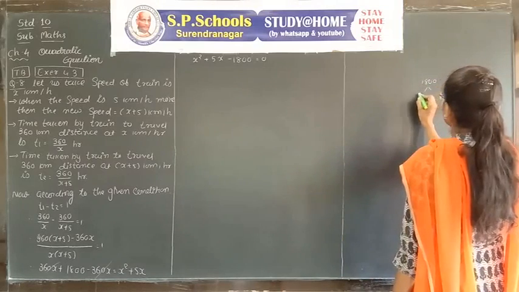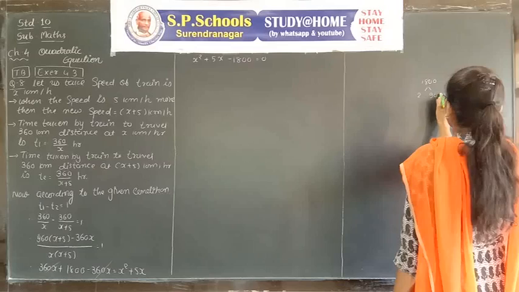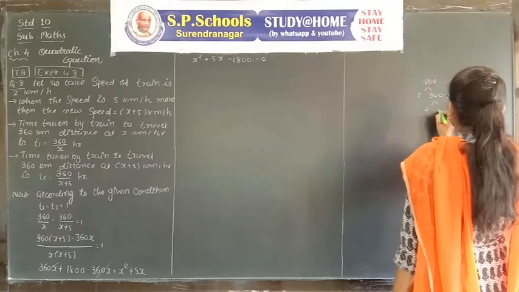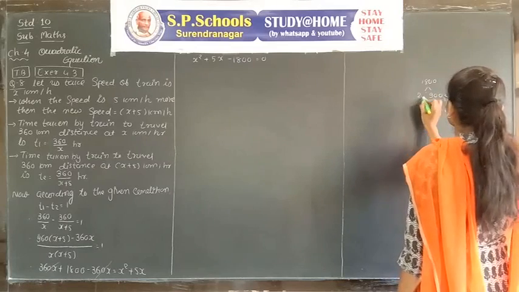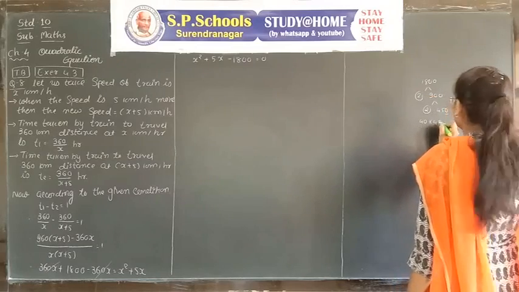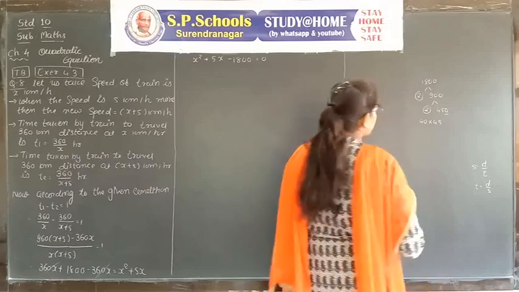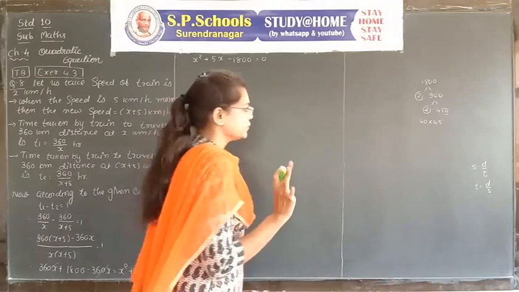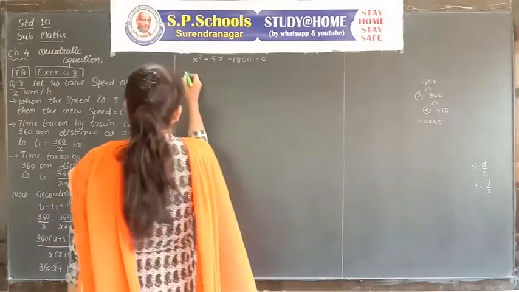So we divide 1800 by 2: 2 and 900, 2 and 450, 2 2s are 4 and 10, and we get 40 into 45. 45 into 40 gives 1800, and 45 minus 40 gives 5.